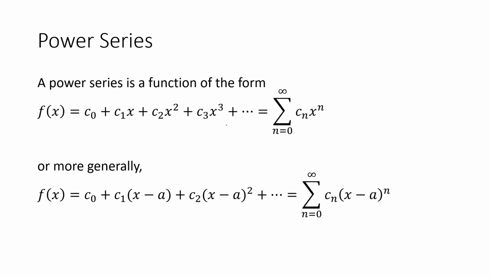So it's an infinite sum of power functions. And essentially we can think of it as an infinite polynomial, right? Because polynomials are made up of terms like this, and so this is an infinite polynomial.